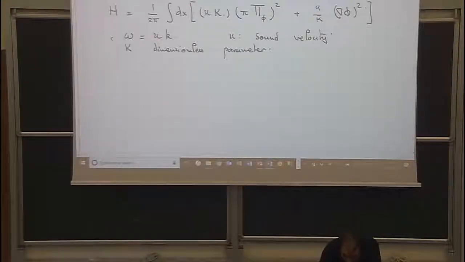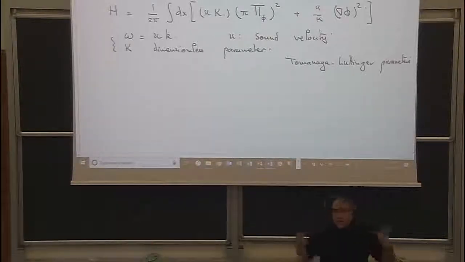These parameters got a name. They are called Tomonaga-Luttinger parameters, and we'll come to it. So K has no dimension. It's a number, 3, whatever.